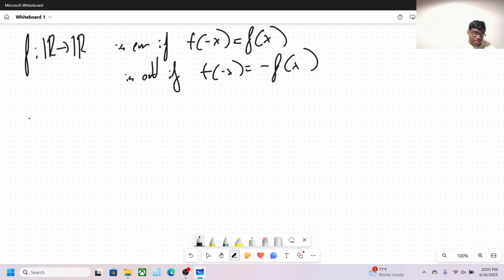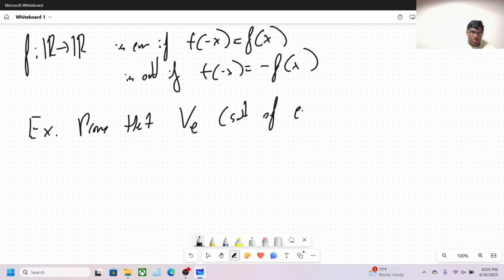So here is an outline of exercises. Prove that V even, the set of even functions, is a subspace. And similarly V odd is a subspace.